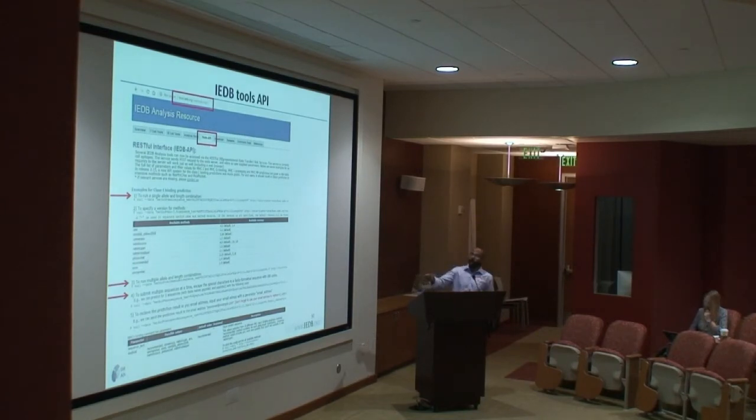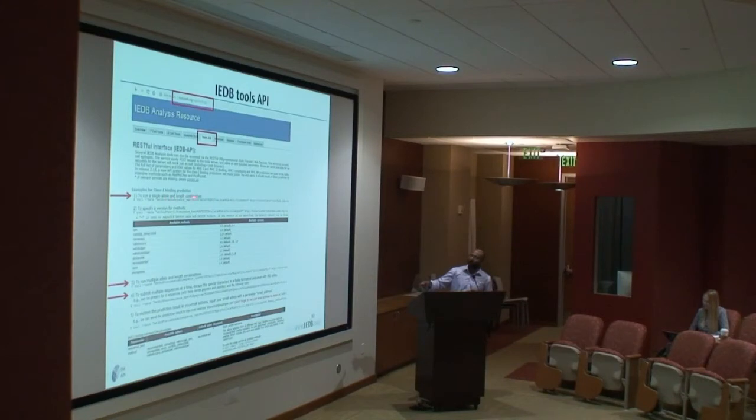So more details are given here. This is the main homepage of the analysis resource. At the top you will see all these tools: overview, T-cell tools, B-cell tools, analysis tools. One of the tabs is Tools API. All the details, what methods are available, and sample commands are given here, so you can try them out. And if you have any question, just email us at help@iedb.org.